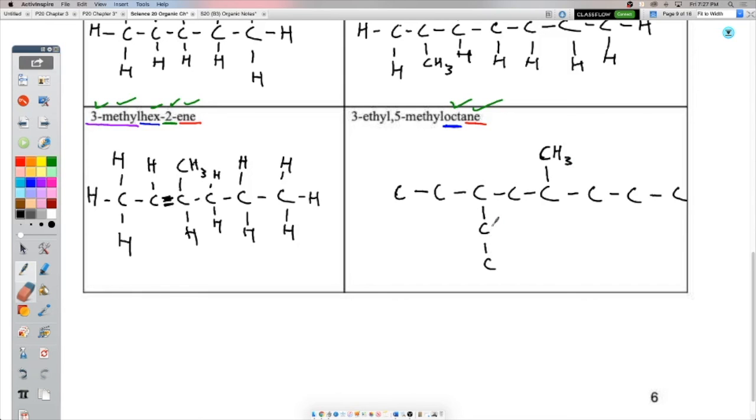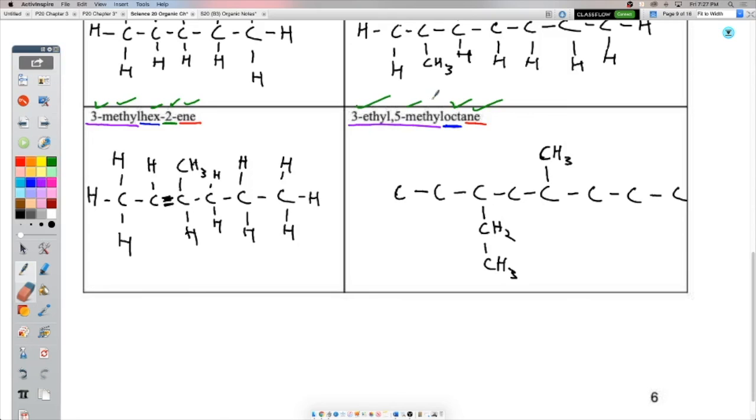Okay, and usually we would say C. We could go H, H, but the more common thing to do with these branches is to just simplify it down and just go CH2. Okay, and then instead of going the H, we would just go CH3. Nothing wrong with doing it the other way. This is just a little bit quicker and neater. Okay, there we go. We dealt with the 3-ethyl-5-methyl.